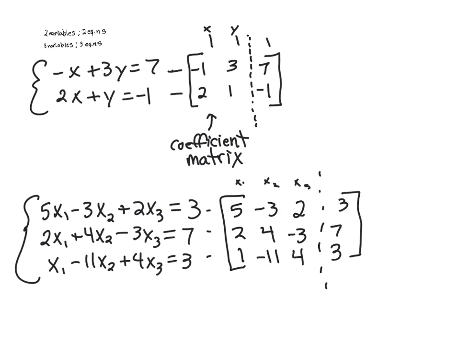So the book teaches you to get upper or lower row echelon form. In other words, you find the diagonal and you either get 0s completely below or completely above those 3 spots, and then you back substitute. Because if I get 0s here, then I've solved for z or x3, and I can back substitute twice.